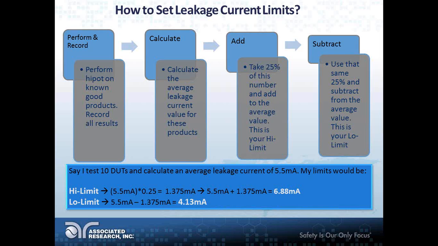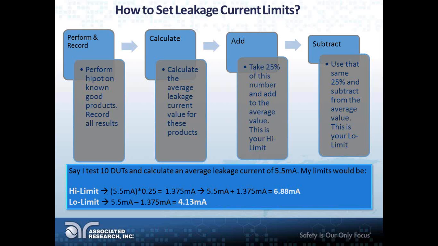All they care about is that the insulation doesn't break down. High and low limits usually come as an internal requirement when some companies, especially medical, require a much tighter failure threshold. So their high and low limits are much tighter. They may be using 10% instead of the 25% that we recommend.